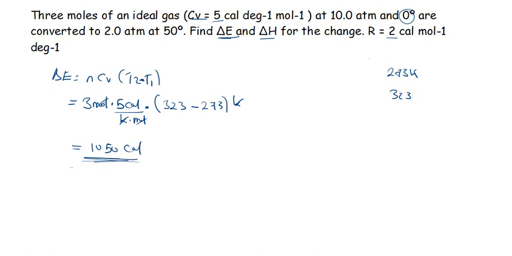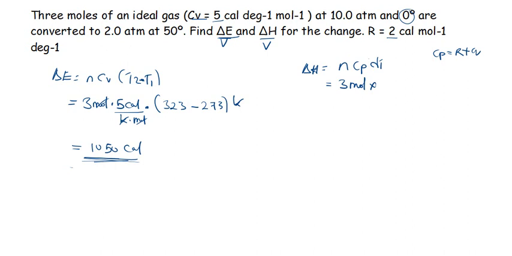Now we have calculated this, we also need to calculate the change in enthalpy. So how do we calculate change in enthalpy? Change in enthalpy will be given as the number of moles times Cp times the change in temperature dT. The number of moles is 3, that's what they said. Now we know that Cp is equal to R plus Cv.